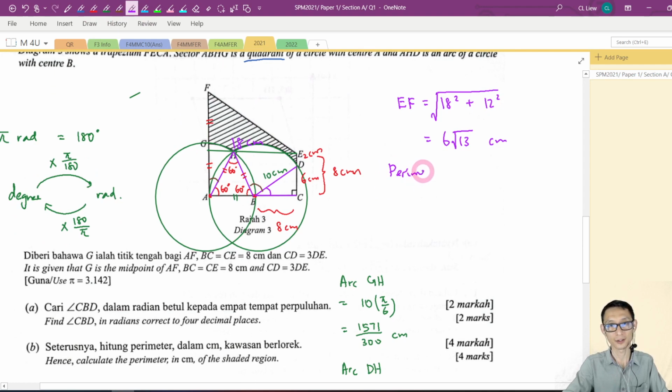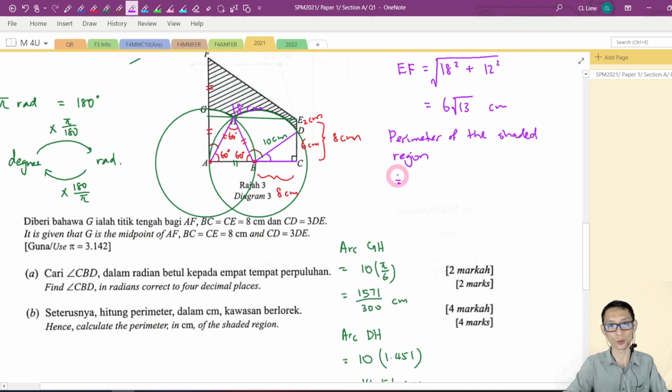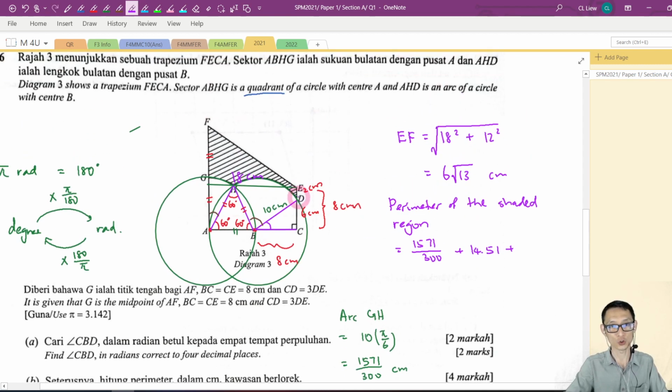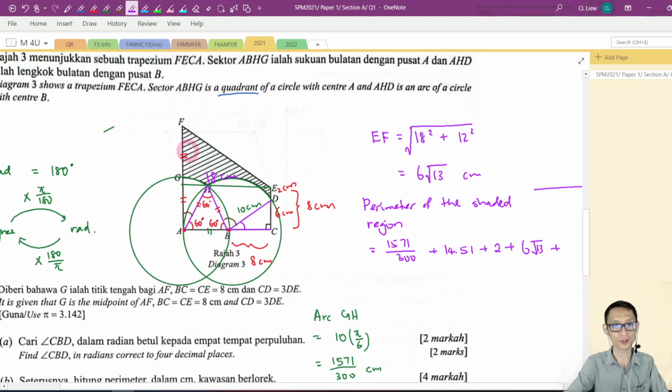Perimeter of the shaded region. Okay, now the arc length GH is equal to this one, 1571 over 300, plus the arc length HD, or DH, which is 14.51, plus 2, plus the length here, 6 times the square root of 13, and we have the last part which is 10.